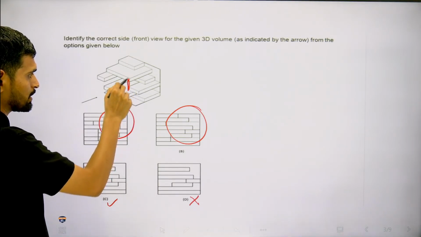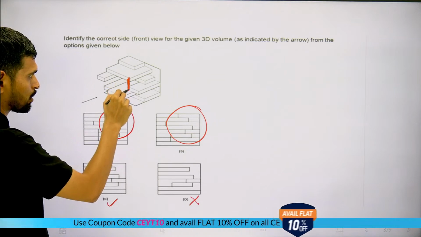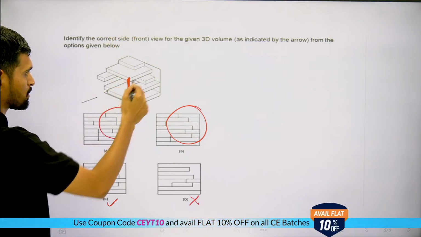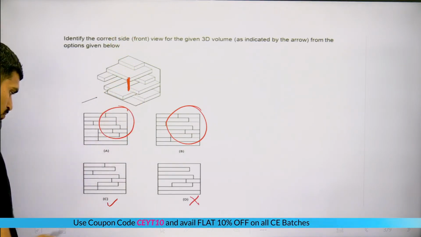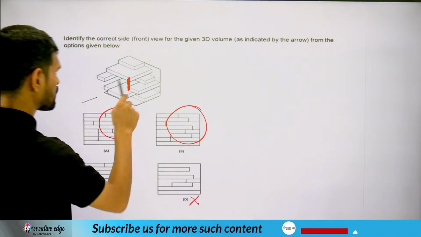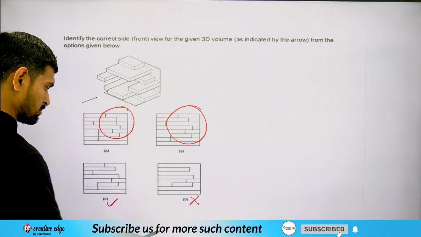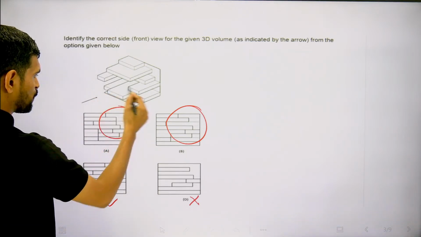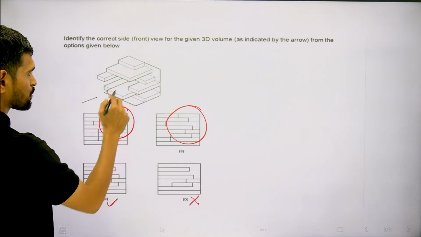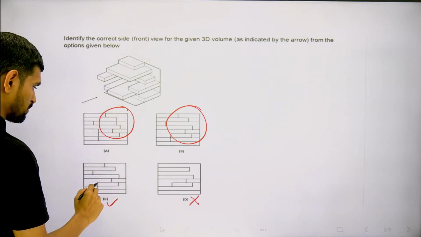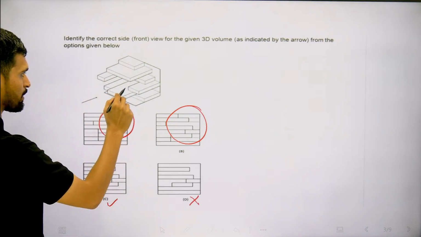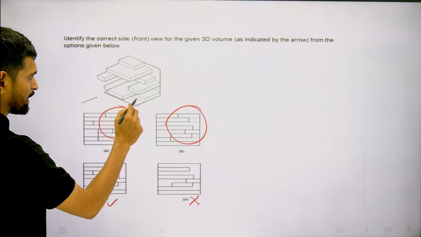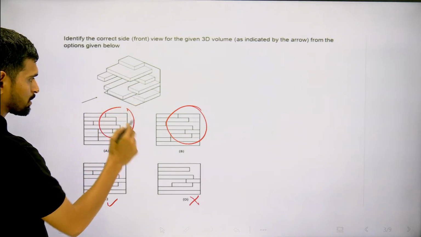So when we see these two lines, if we want to identify the side view, then with this side view, this line and this line must be in the same line.